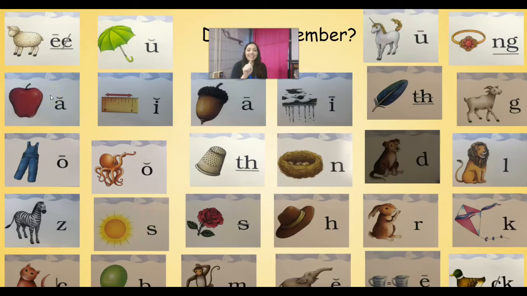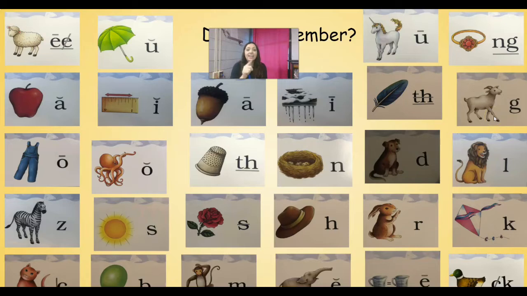Apple, A. Inch, I. Acorn, A. Icicle, I. Listen very carefully. Feather, digraph TH, that vibrates. All right, you ready?